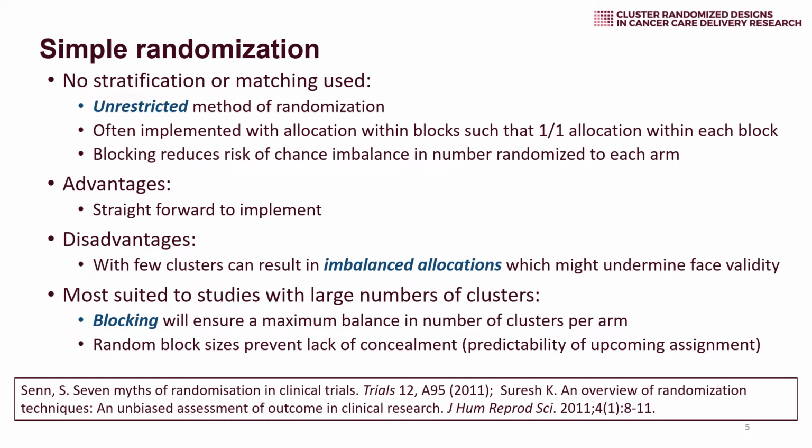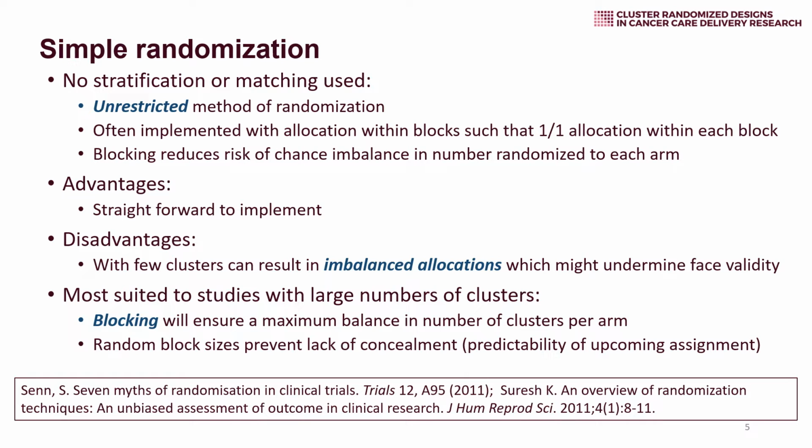The advantages are that it's straightforward to implement, but the disadvantages are that with few clusters, it can result in imbalanced allocations, which might undermine the face validity, even if we implement the randomization within blocks. It's probably most suited to settings where we have a large number of clusters.